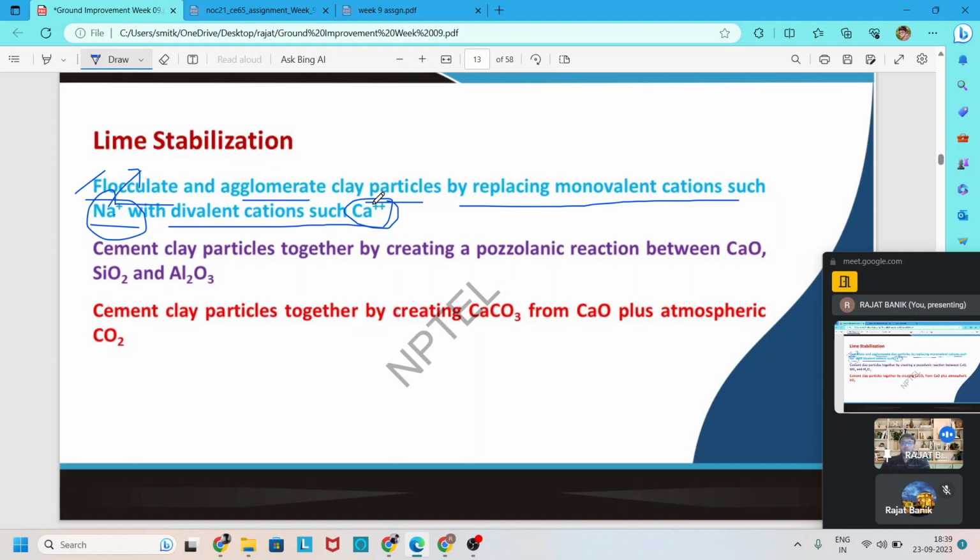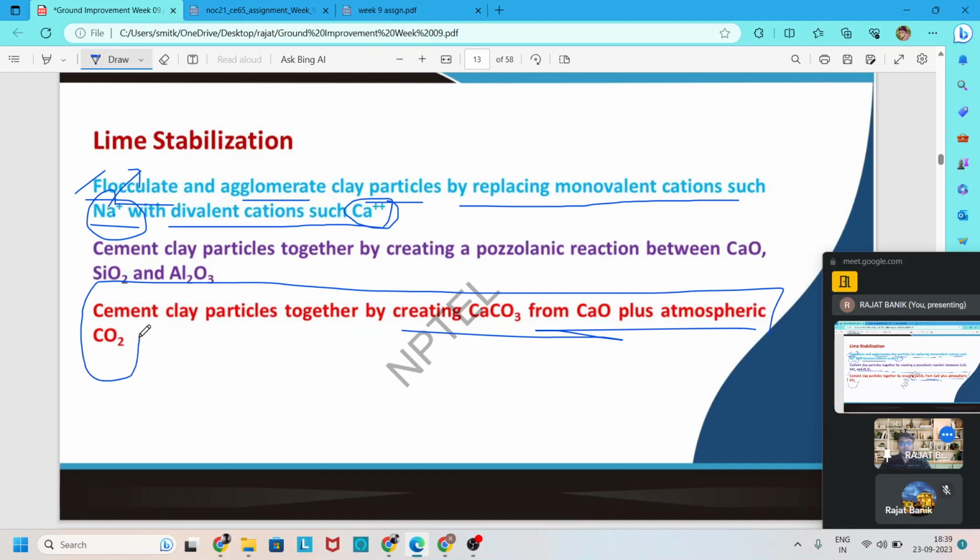And one further point here: it is given that clay particles are cemented together by creating calcium carbonate from lime plus atmospheric carbon dioxide. So the last point we discussed is the chemical reaction of lime when it is applied to the ground.